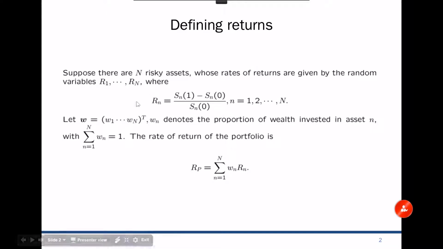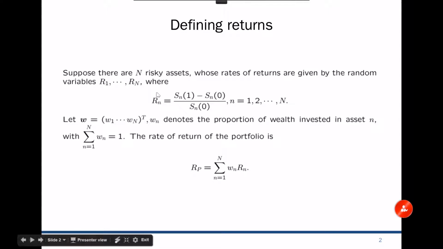Usually it's convenient to define a vector as a column vector. So here W subscript n denotes the proportion of the wealth invested in asset n. Because it's a portfolio, the weights should sum to 1. So the sum of these weights becomes 1, right?